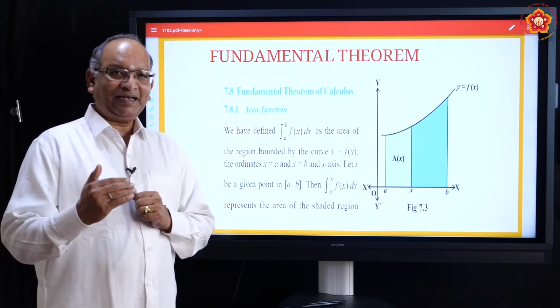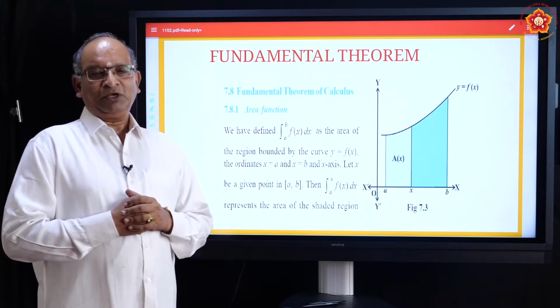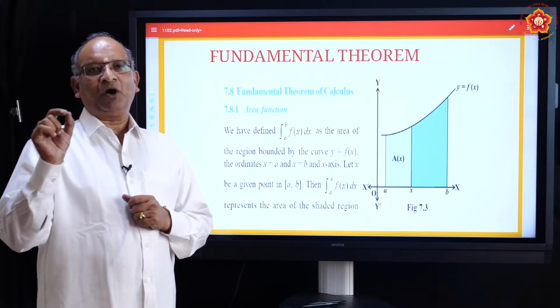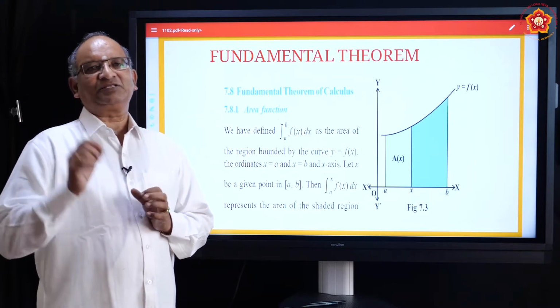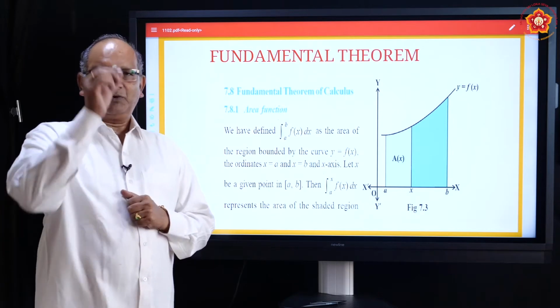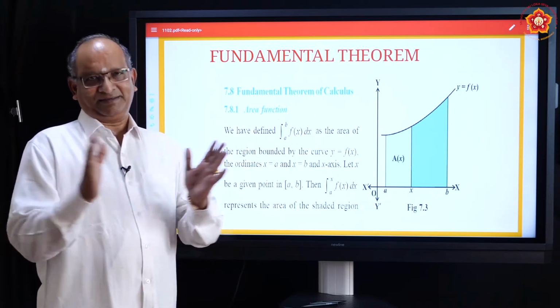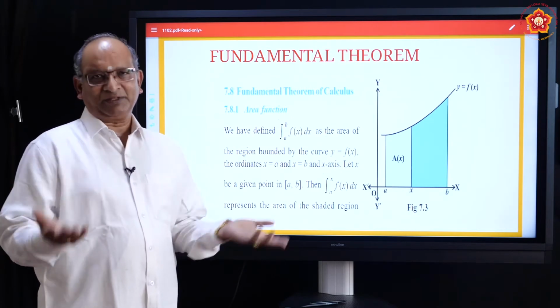And we said that n tends to infinity, too big a number, so the width becomes smaller and smaller, and we said h tends to 0. h is the width. For each strip, we calculated the area and added. So that was the method we followed there.